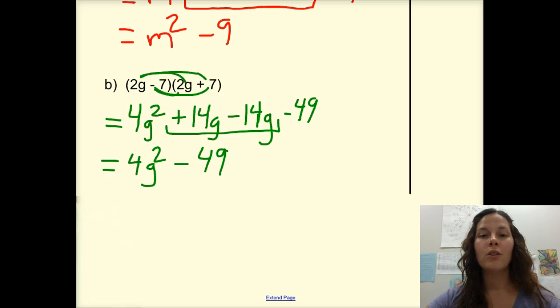So this only works with conjugates, so I don't want you shortcutting when you see regular polynomials. But if you recognize the conjugates, to get the answer in simplest form right away, you simply take your first term times itself. That's how we got the 4g squared. And the negative 7 times positive 7 is how we got the negative 49. The middle two terms ended up canceling.